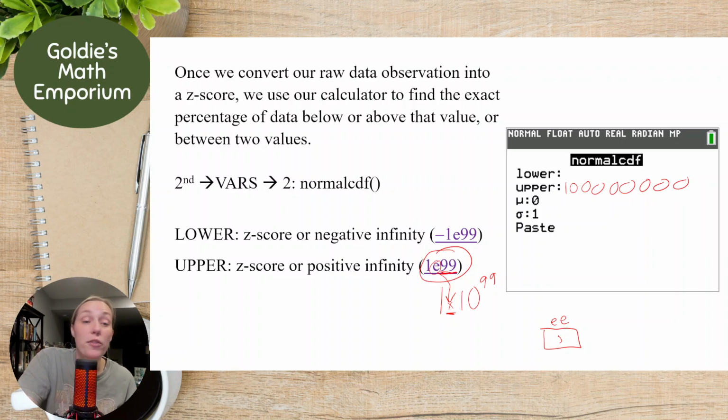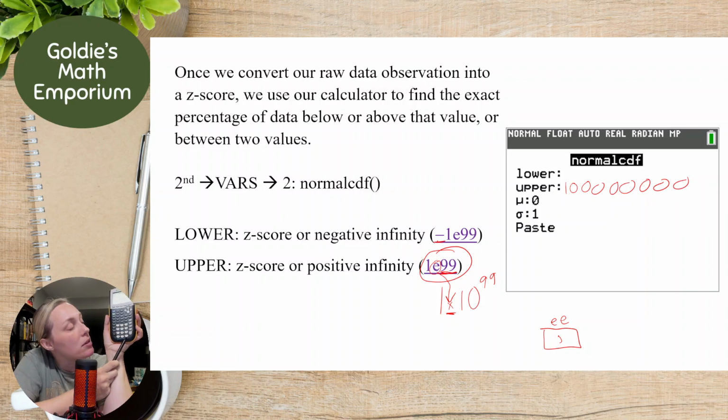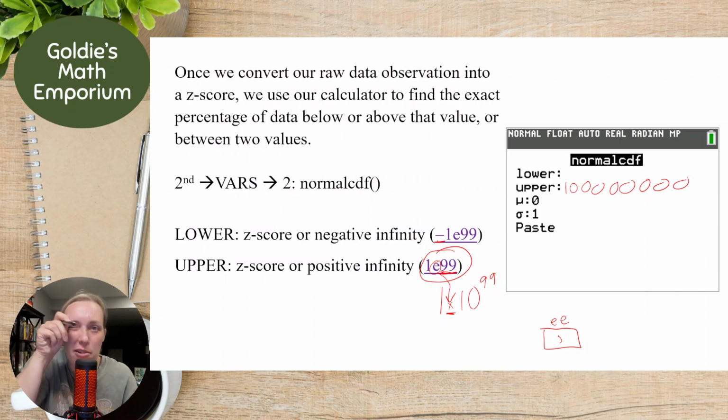Or if you're looking at negative infinity, you just put the negative symbol. Remember the negative symbol? That's right here, not the subtraction symbol. Subtraction and negative are two different buttons on your calculator, and you'll get an error if you try to use one instead of the other.